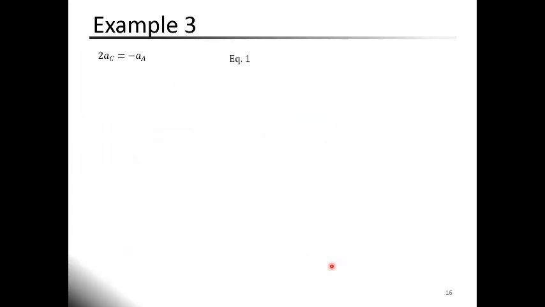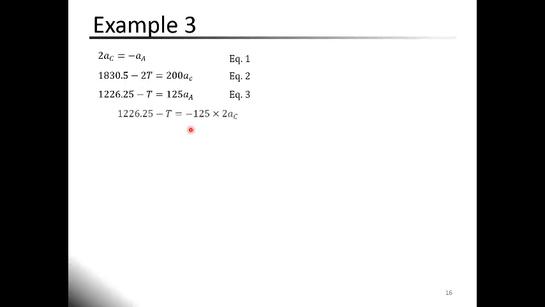So this is our first equation that we've got, that 2AC is equal to negative AA. The second equation was this equation here. The third equation is this equation. So we have three equations now. We just need to solve these equations together by direct substitution, or you can use your calculator to solve these three equations together to get the three unknowns.